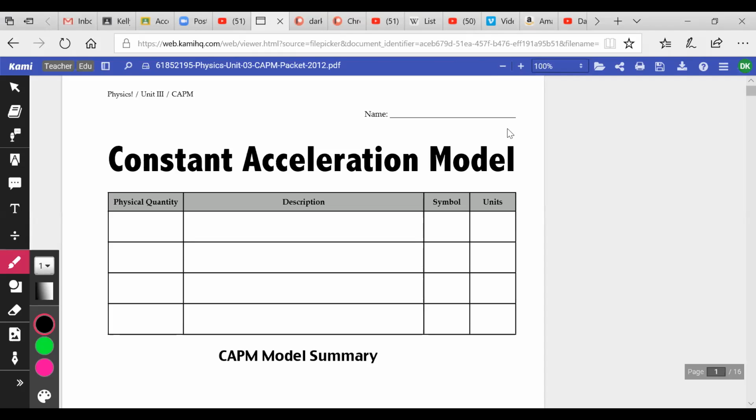And we can write that on here. Best I can do on the screen here.